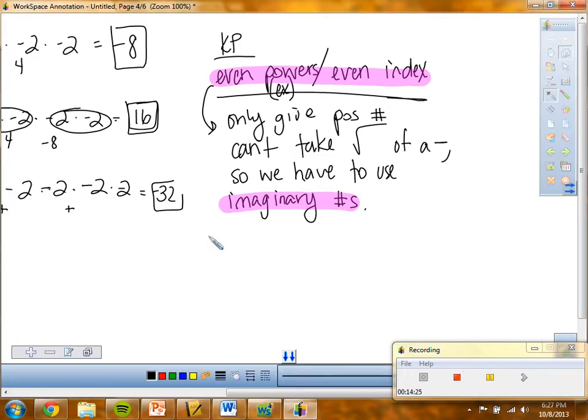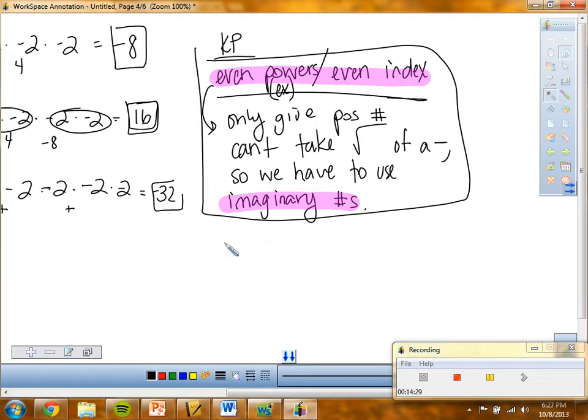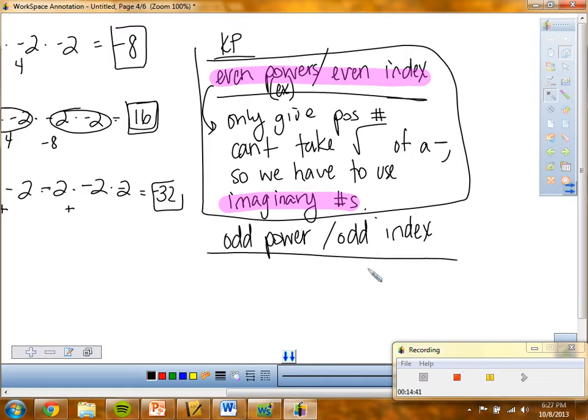Right? In the other case, with odd powers or an odd index, we can get negative numbers.